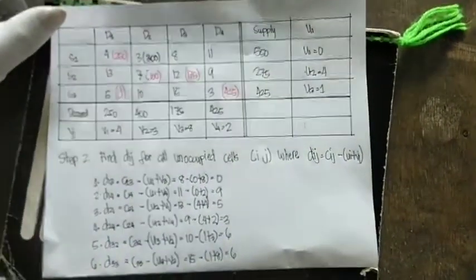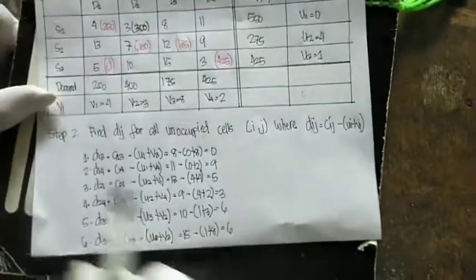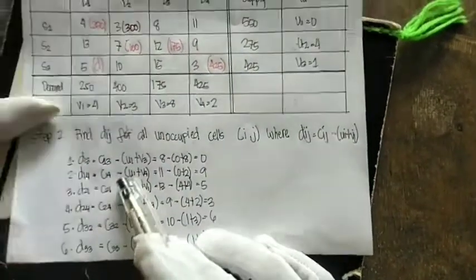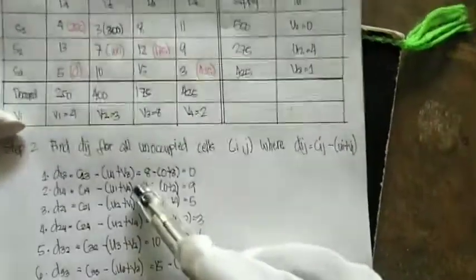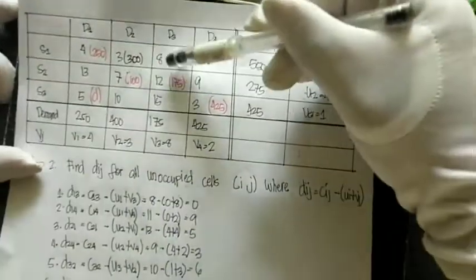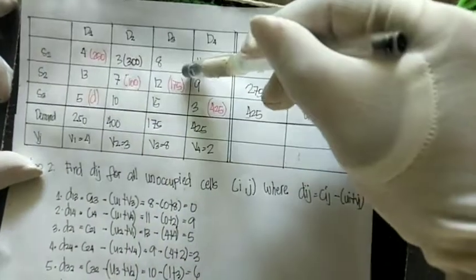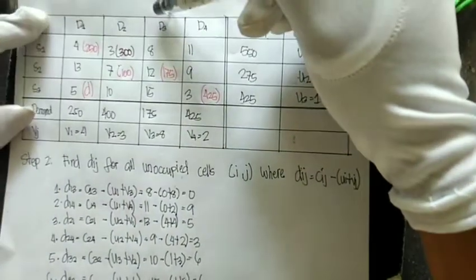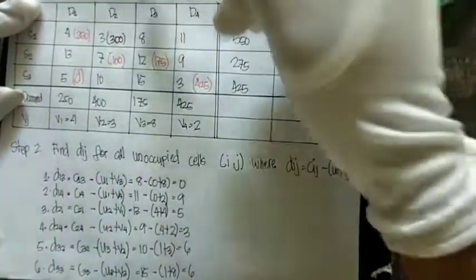So number 1, we will find for unoccupied cells. Since our D13, or our C13 minus U1 plus V3, this is our D13 for row 1 and column 3.